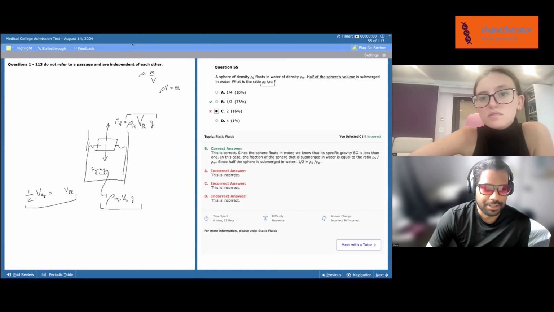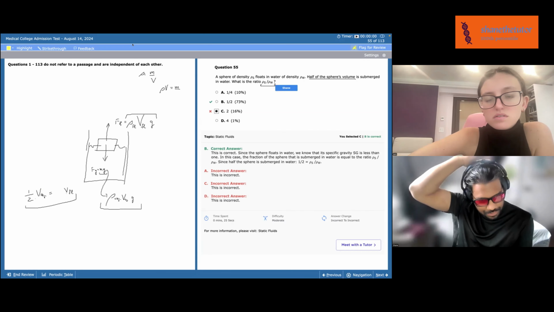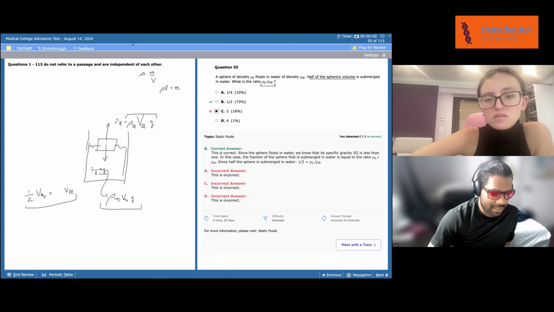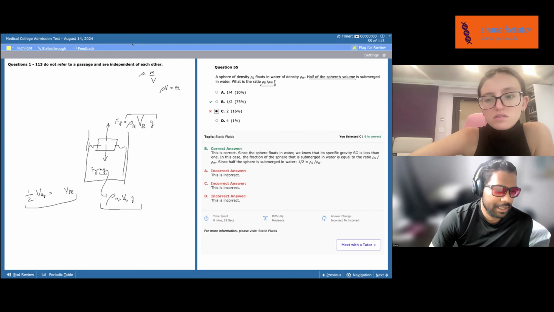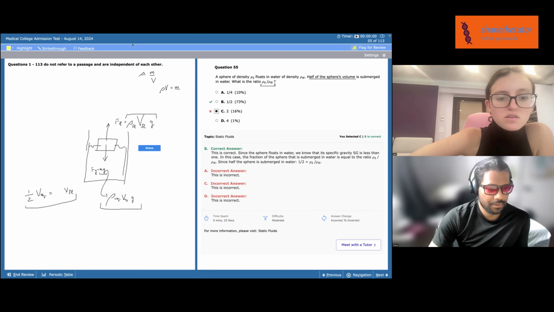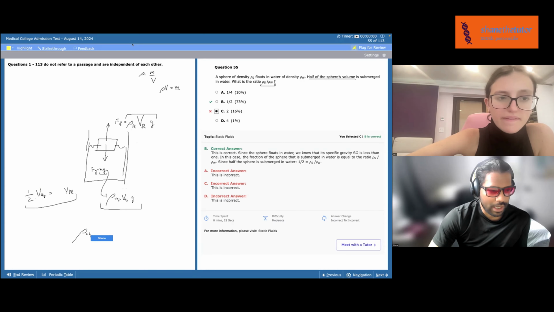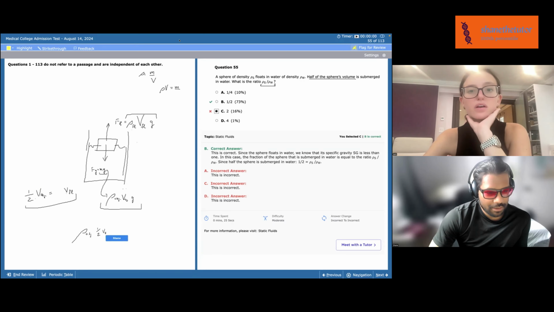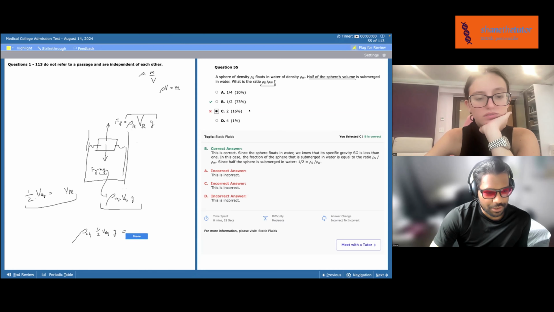So then the ratio of the density of the object to the density of the water, we could equate these two. So rho of the object times one half volume of the object times g is equal to rho of the water times volume of the water displaced times g.